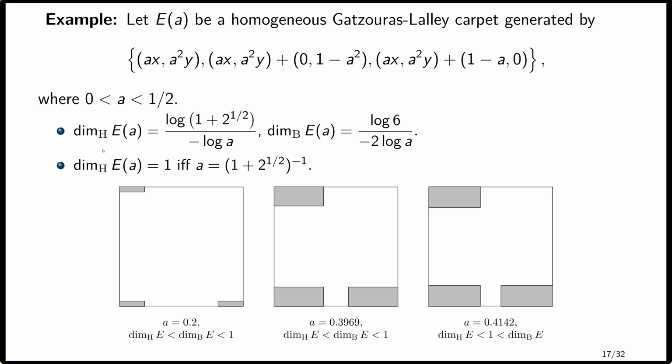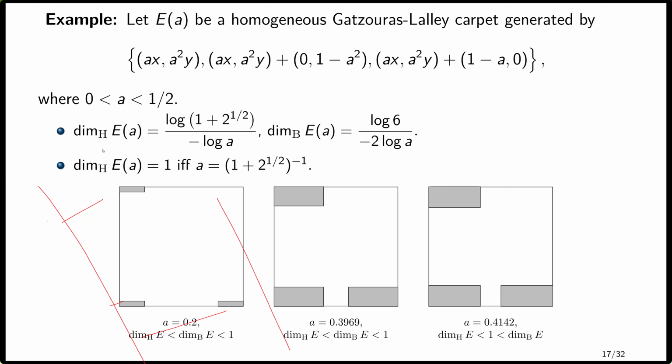However, since A here is very small, if we consider an orthogonal projection, since it's very thin, it is natural to think that maybe the projection set has the same box dimension as the original set. And for this case, maybe the situation is different.